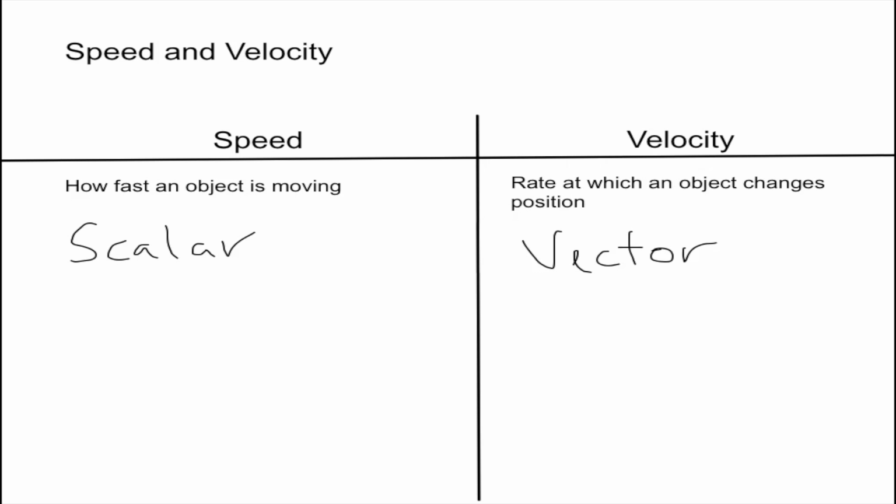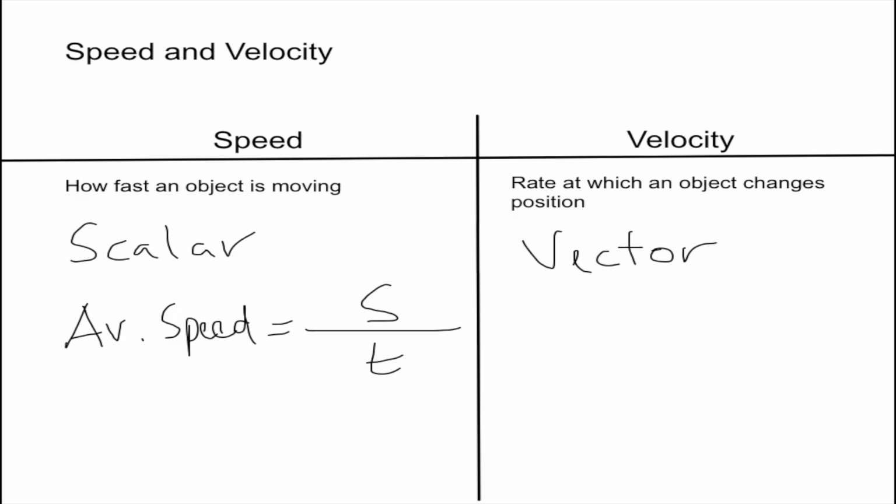Now, each is going to have a different formula, of course, because one takes direction into consideration and one doesn't. So the average speed is going to be equal to the distance traveled, written as s, over the time of that travel. That can be just t.